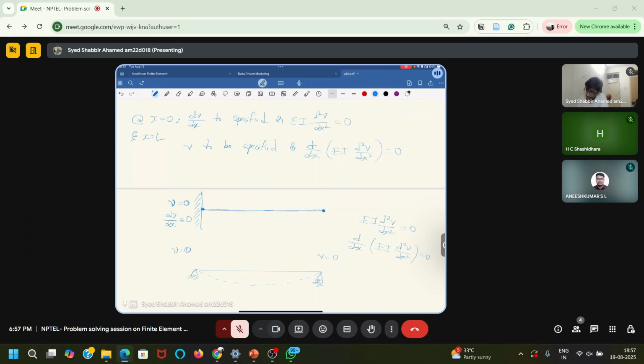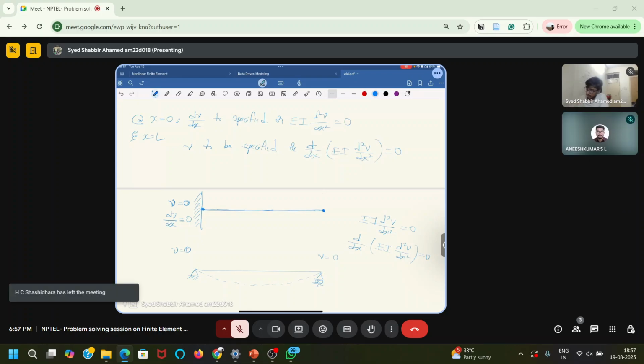So another boundary condition I have to give is with respect to slope or bending moment. Slope is not equal to 0, it will have some value at the boundaries of the simply supported beam, and bending moment will be 0.